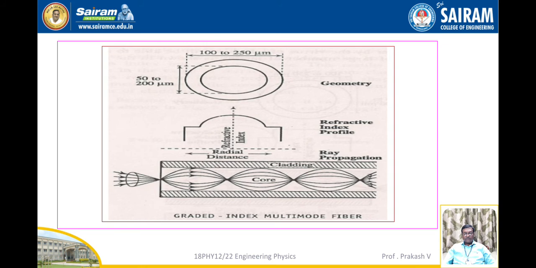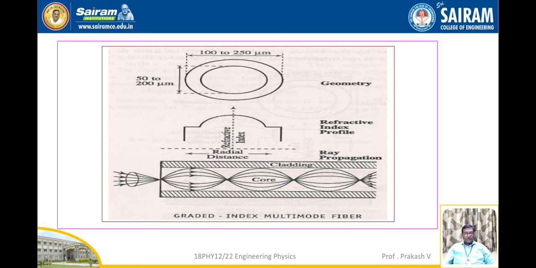And the refractive index profile shows the schematic diagram here. For core, it is drawn in the form of a curved pattern. That means at the core the refractive index of the material is large. As we move towards the core cladding interface, the refractive index of the core material keeps on decreasing, and the refractive index of cladding is observed to be uniform.